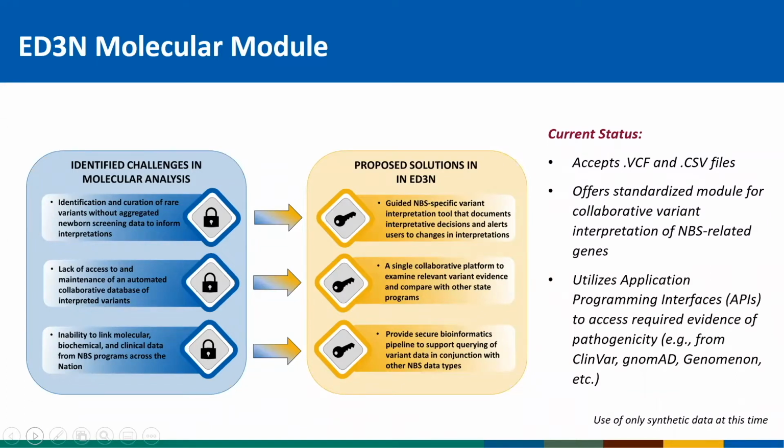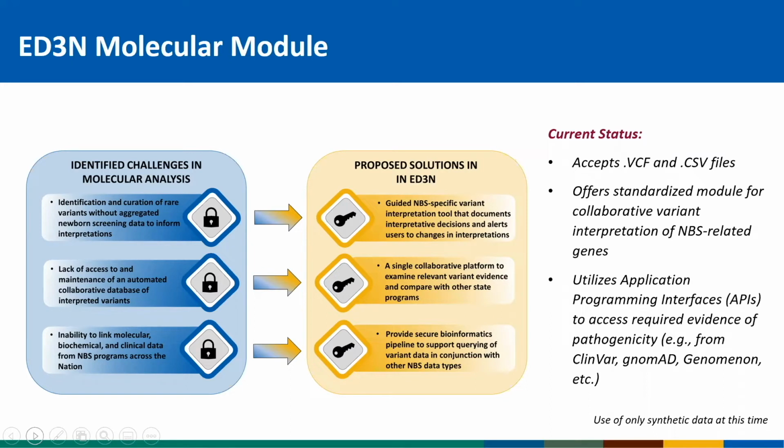Right now, our variant interpretation module, or molecular module, starts at the point where programs have identified a variant in one of the genes associated with newborn screening conditions. The user interface is currently able to accept common variant file types, so VCF and CSV files.